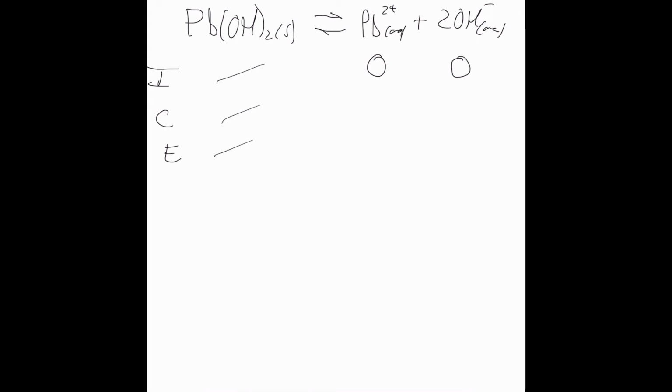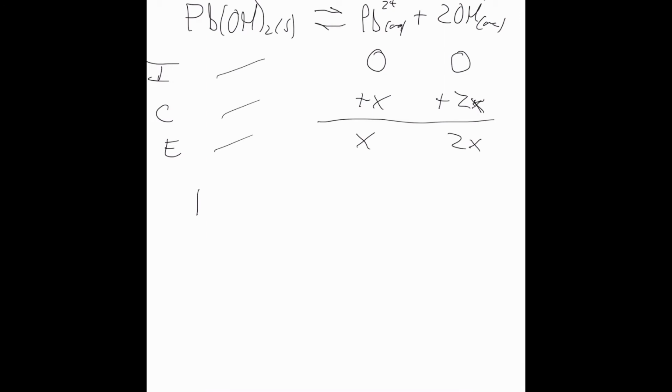So for our change, here's where we add our algebra. We get plus x, and here we get plus 2x because of the stoichiometric coefficient of 2. Then our equilibrium concentrations are x and 2x. To solve this, K is products over reactants.